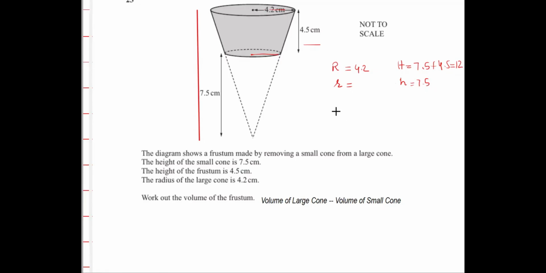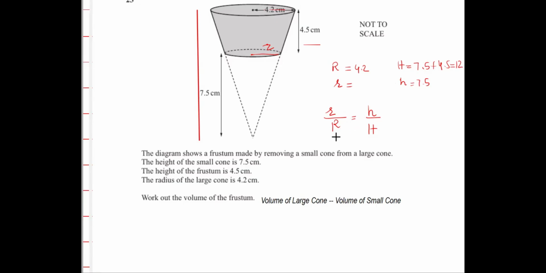We can calculate the radius of small cone by using the similarity property. When two shapes are similar, then the corresponding side ratio will be equal. Here the radius of small cone is small r and the radius of large cone is capital R, which will be equal to height of small cone over height of large cone. This is the similarity property.